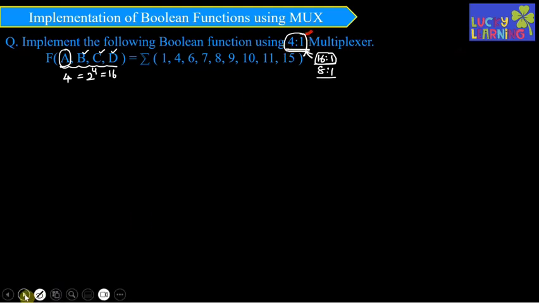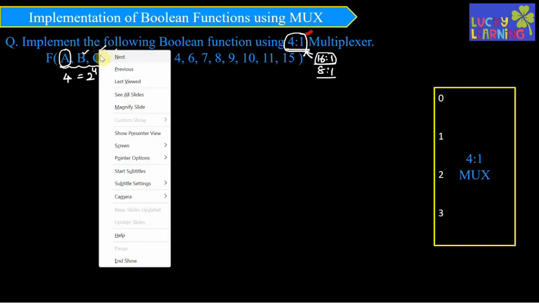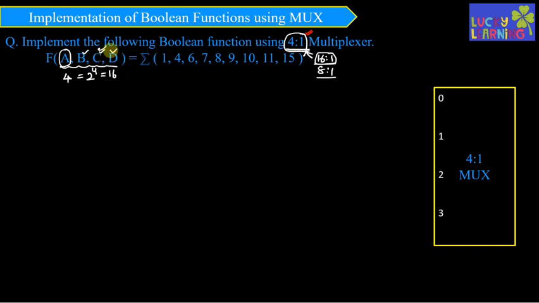Now look at, we have a 4:1 multiplexer. Because 4:1 multiplexer is there, how many data inputs are there? 4 data inputs. Because 4 data inputs are there, how many select lines should be there? 2. And the 2 select lines should connect the 2 least significant function variables. What are the 2 least significant function variables?